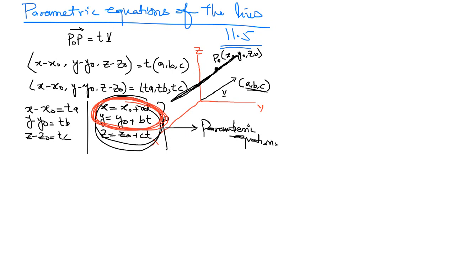Now I will give you one example of how we can find these parametric equations. This is the formula for parametric equations, but how do we find them from a question?